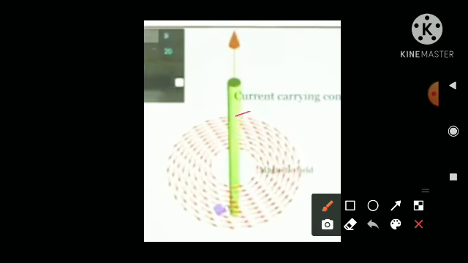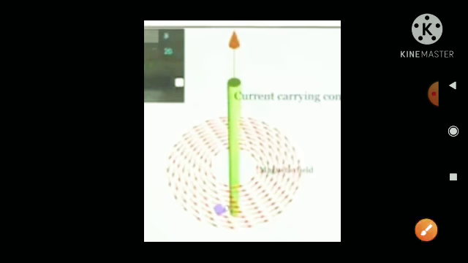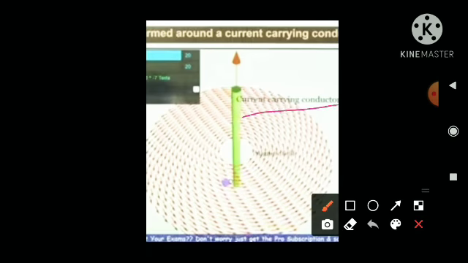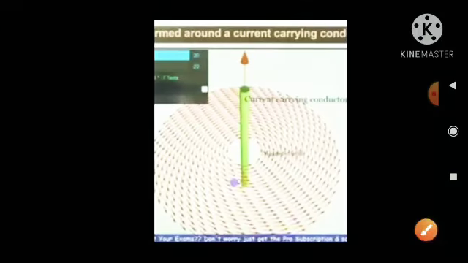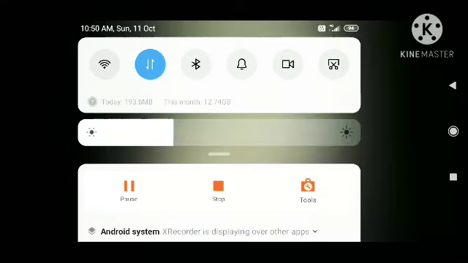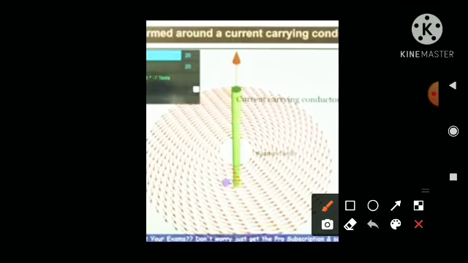If we increase the current of the conductor, the magnetic field also increases. We increase current again, high, they increase the magnetic field. So by this we can understand current is directly proportional to magnetic field. So let's move ahead. If the direction of current is upwards, the magnetic field lines are anti-clockwise. Are you understanding it?